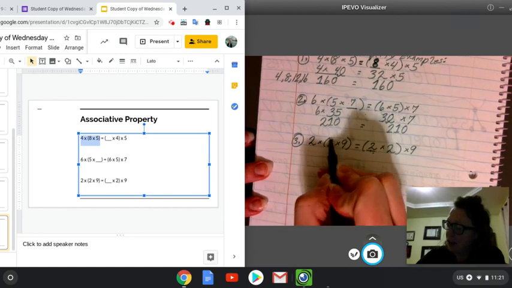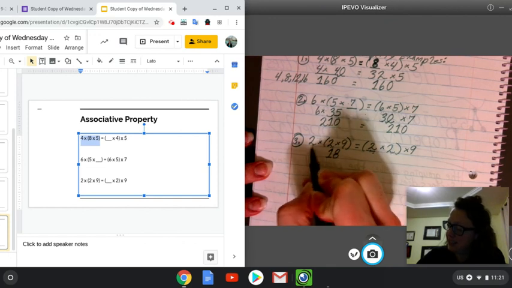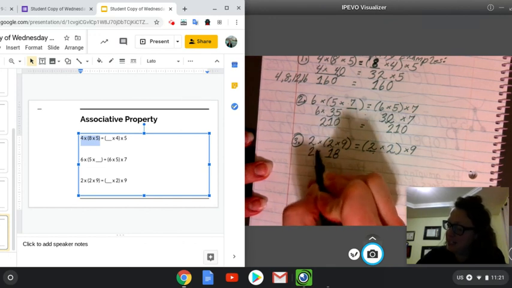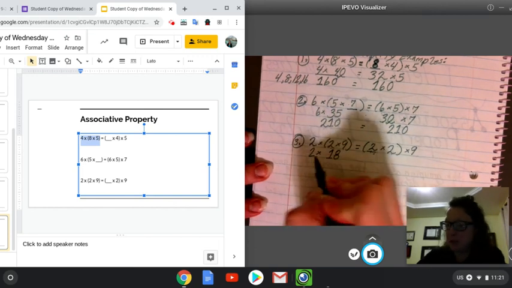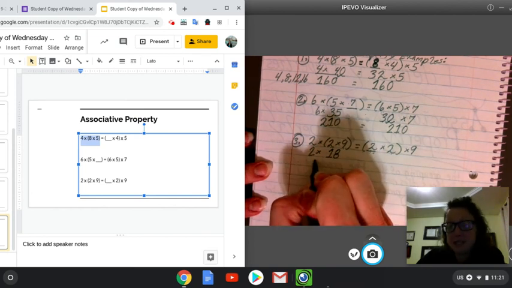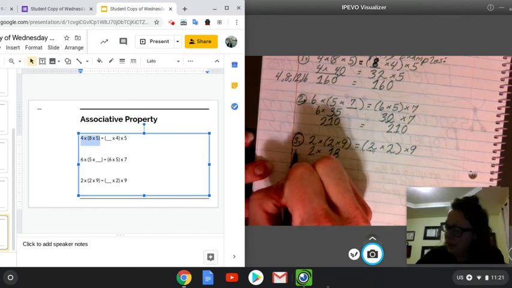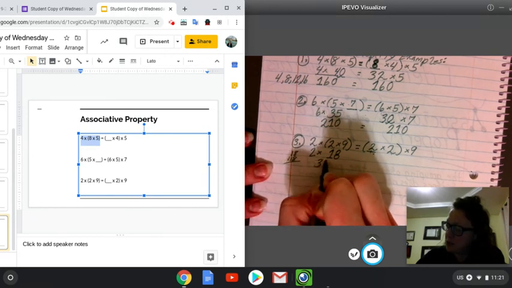Now I can solve it. 2 times 9 equals 18. And if I bring this down, 2 times 18, remember, 2 times any number is that number plus itself. So it'd be like 18 plus 18, and that equals 36.